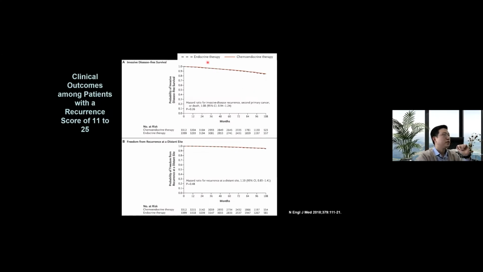You can see the endocrine therapy and chemoendocrine therapy survival curves are just identical. Chemotherapy is a painful procedure, so it's really nice for those patients to have endocrine therapy alone.